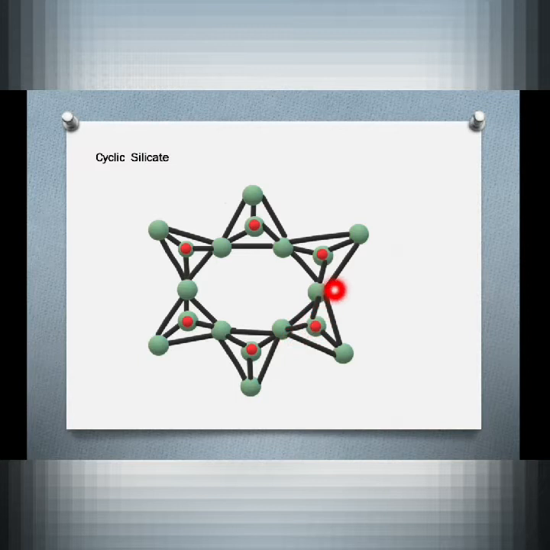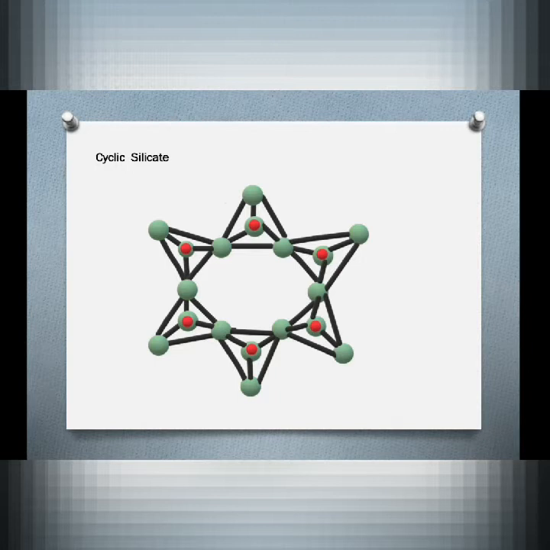All the vertices here are shared by another 2 tetrahedral units. Hence, and these two are singly bonded.